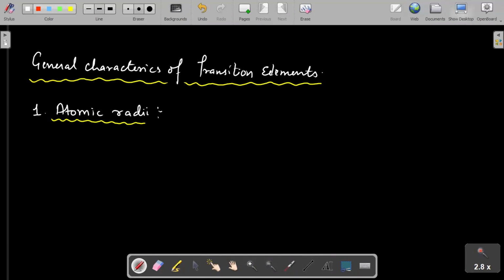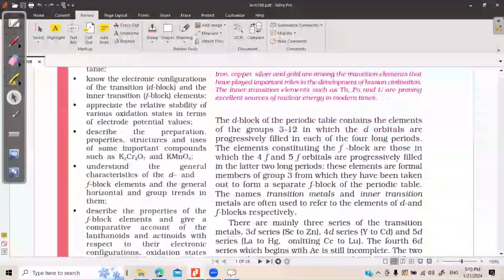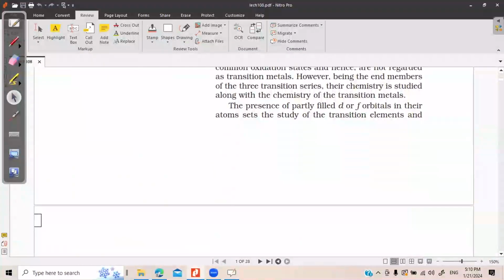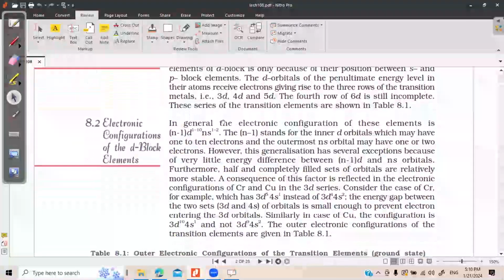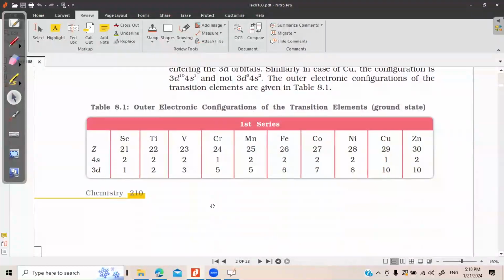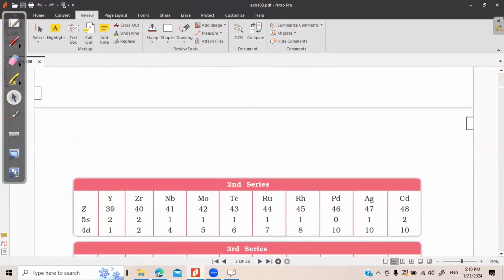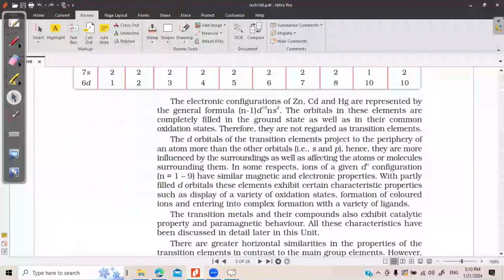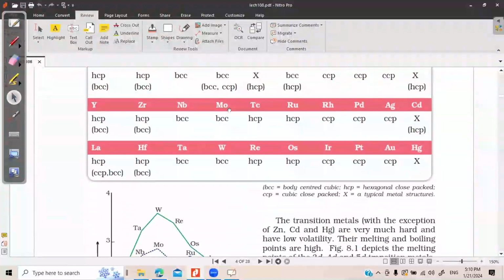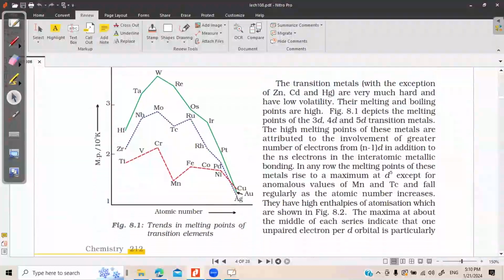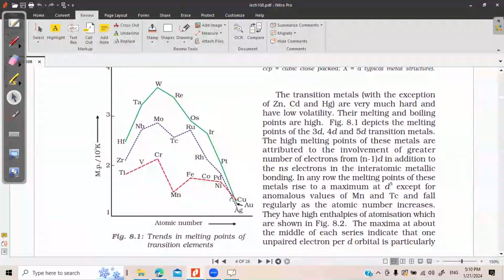You see the graph given in the book; that question is usually asked. Let's talk about the melting point, the first graph. This is the 3D series.